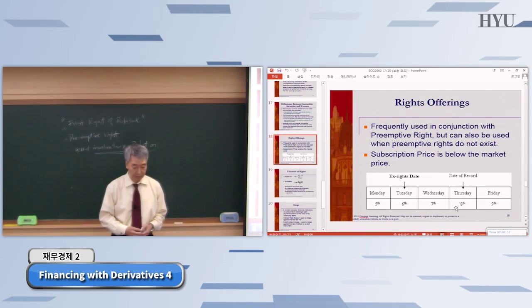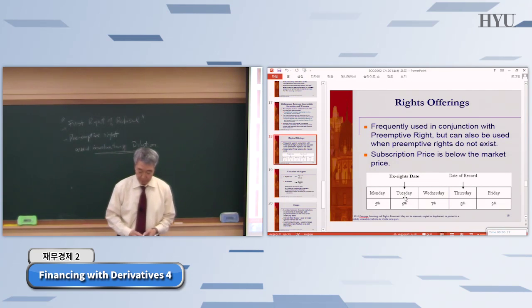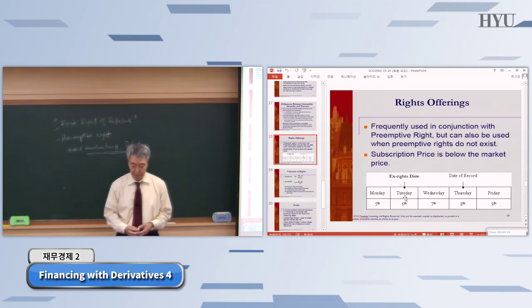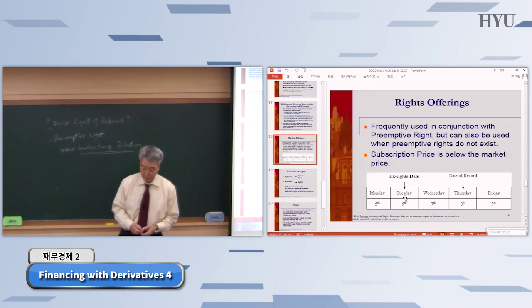You receive the right. Okay? But in order to get on the record, it takes usually a couple of days. Okay? So what that means is 2 days before the date of record, okay, you have to be holding the stock. You have to purchase this particular stock until the 6th.